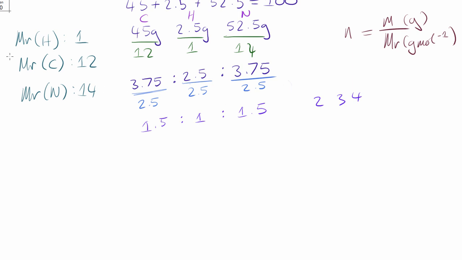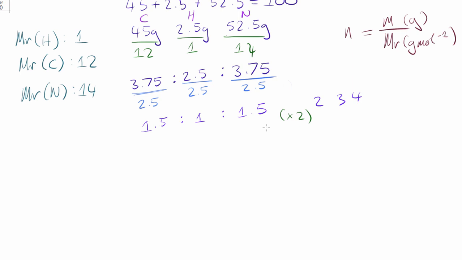In this particular case, you can determine that from visual inspection as well, just because you've got the 0.5. Simply multiplying every value by 2 gives you a whole number ratio. So I'll put this in brackets: multiply by 2. I said divide by 2, but I meant multiply by 2.